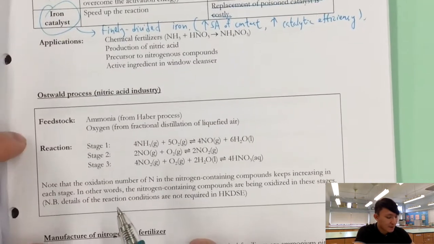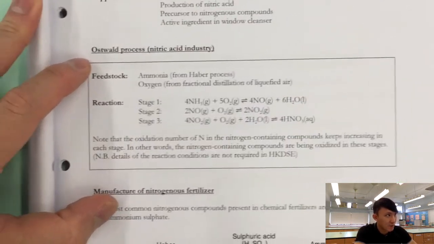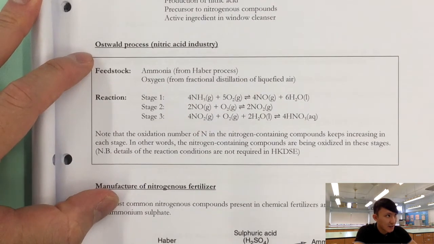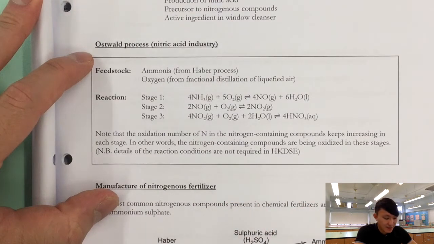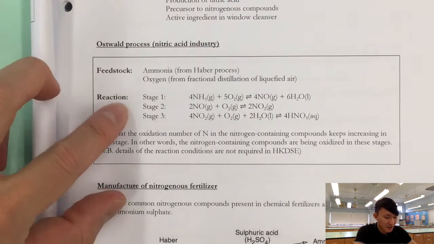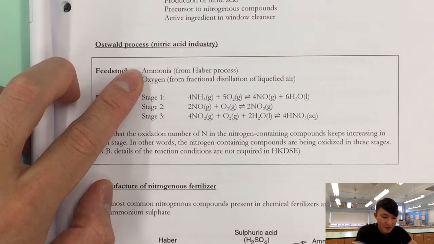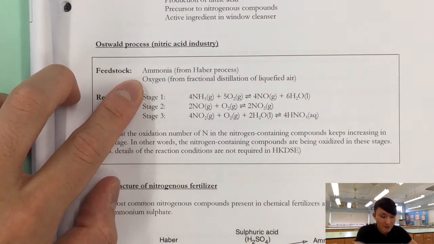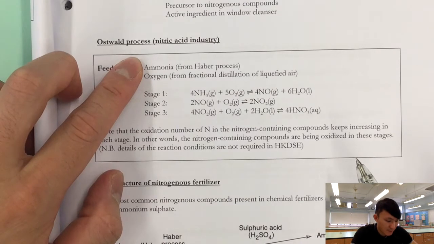Now down here we have something called the Ostwald process. Basically, it is showing you the steps to produce nitric acid from ammonia. Now, the reaction takes place in 3 stages. The feedstock is ammonia and also oxygen. Now, ammonia is coming from the Haber process.